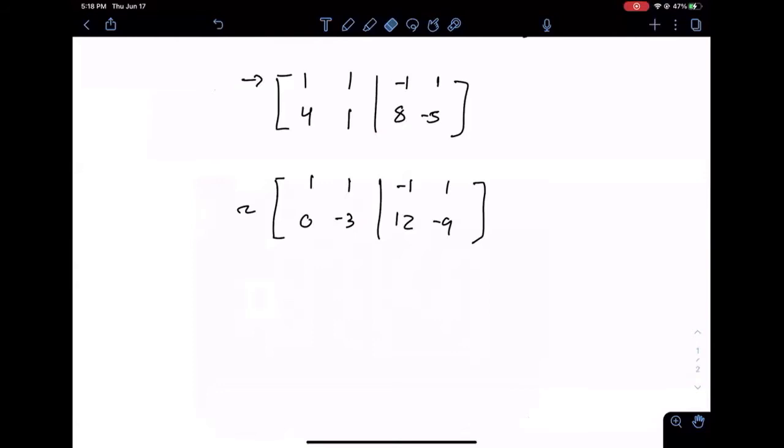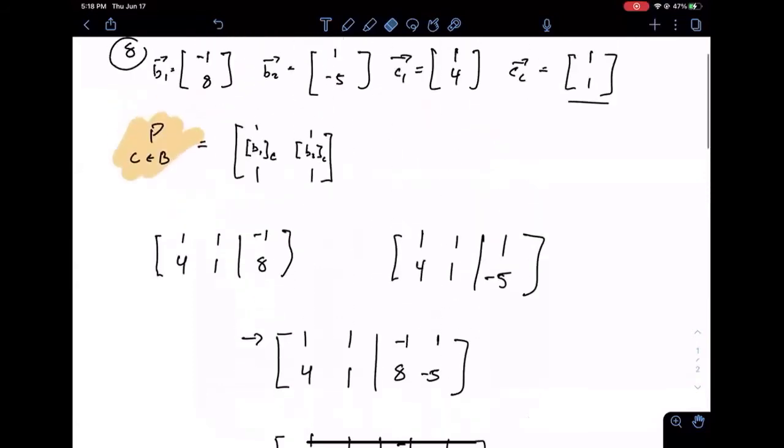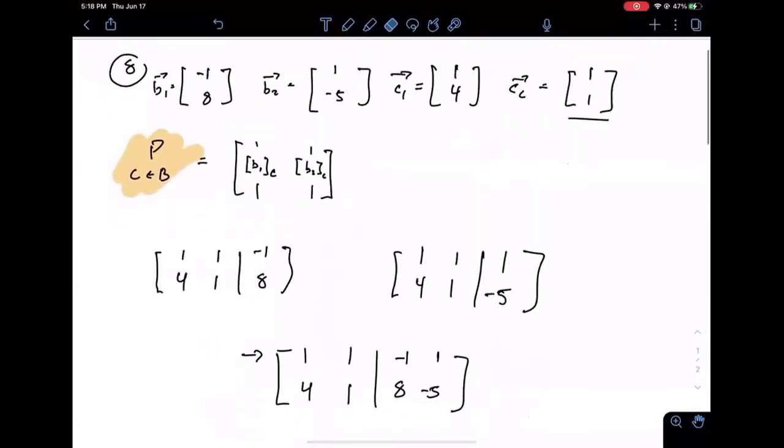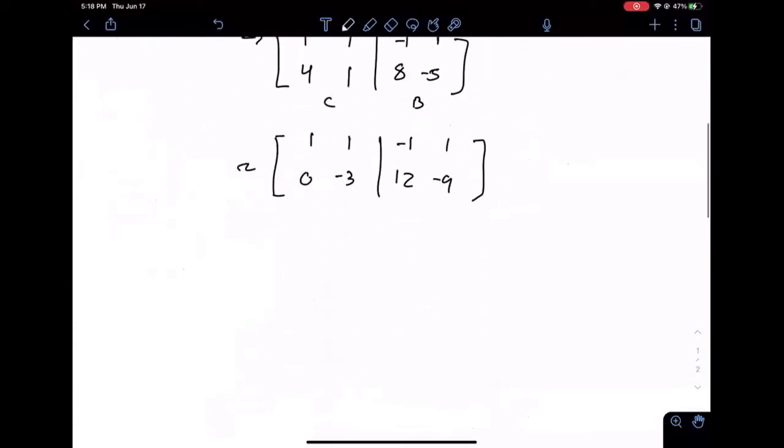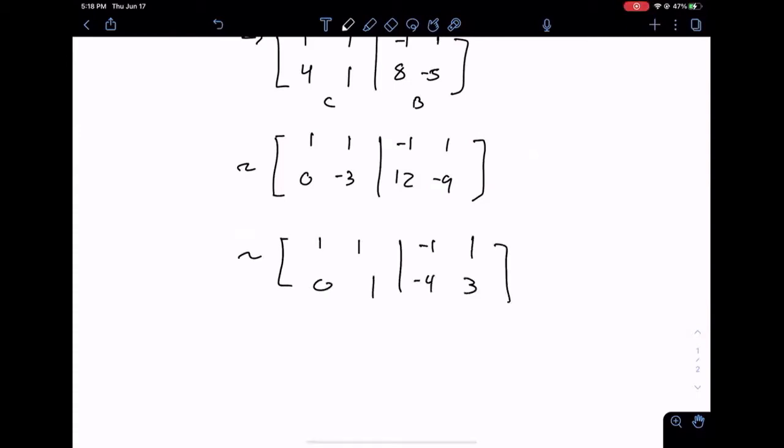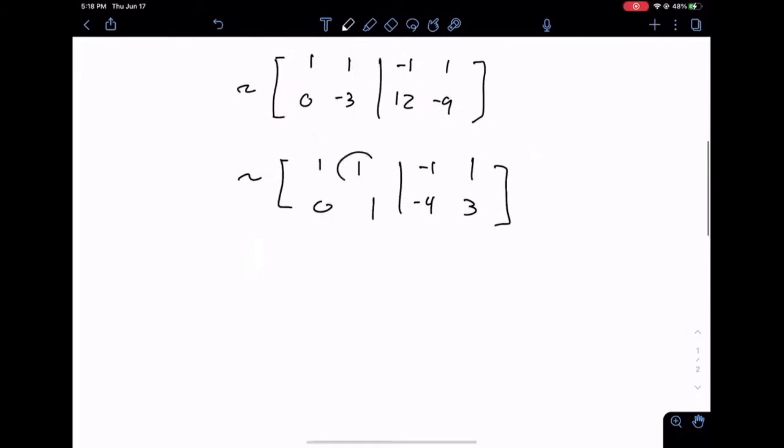So we were here. We were row reducing to find the change of basis matrix from B to C. We had set it up so this is the C stuff, this is the B. All right, so we're row reducing. We're at this step. Now I'm going to divide the bottom row by -3 to get this. Now I'll eliminate that 1.